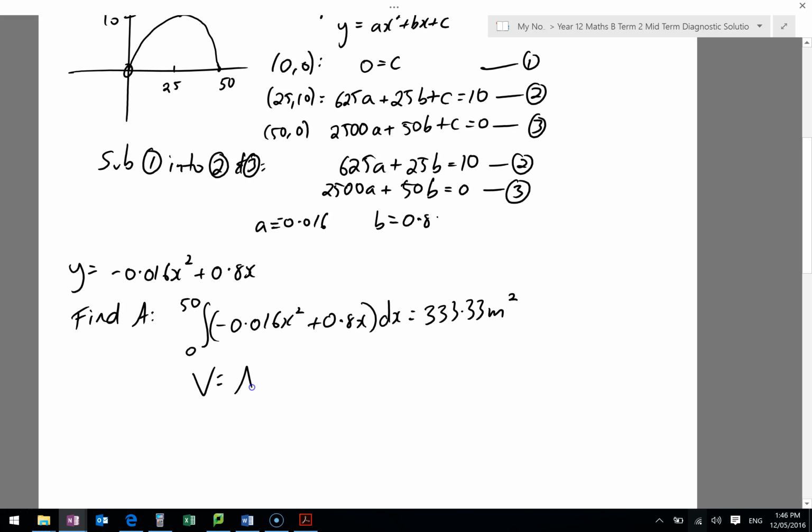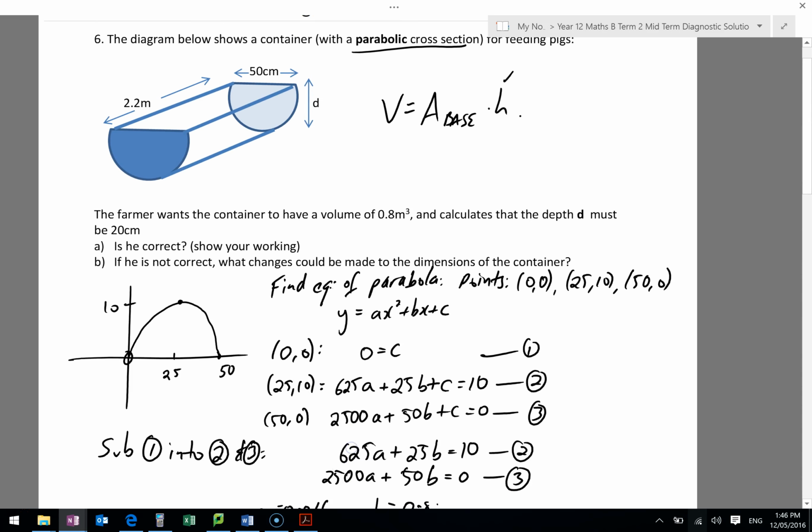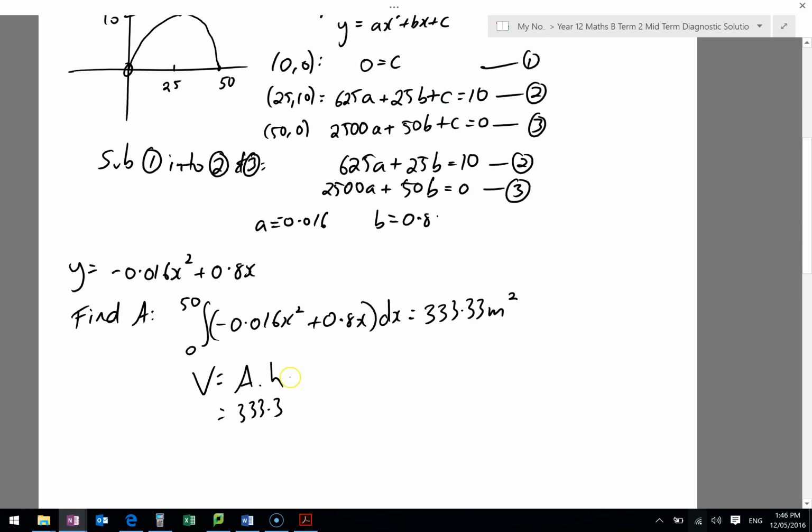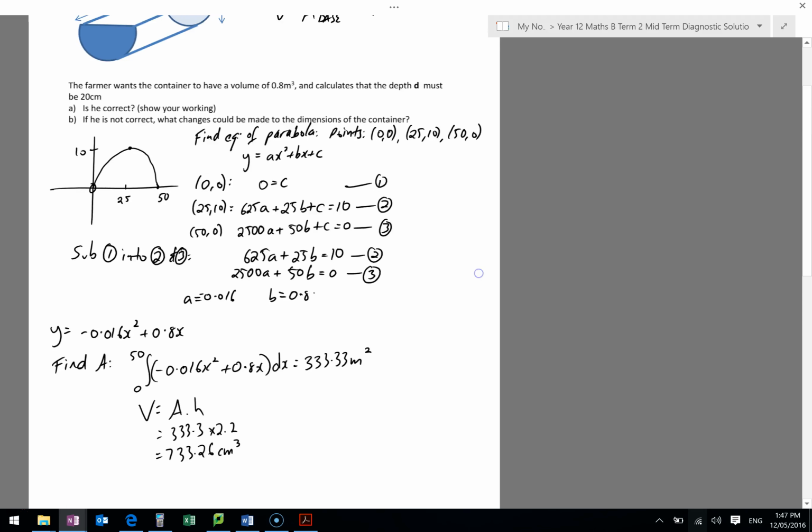So the volume is the area of the base times the height. 333.3 times the height of this sort of cylinder section, and I'm going to get 733.26 centimeters cubed.